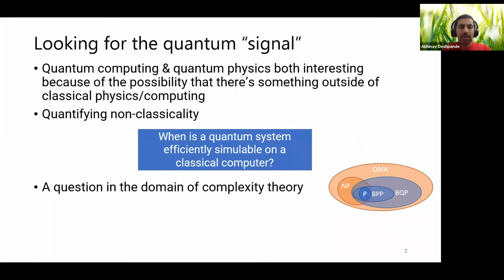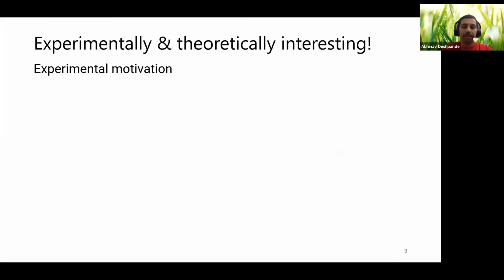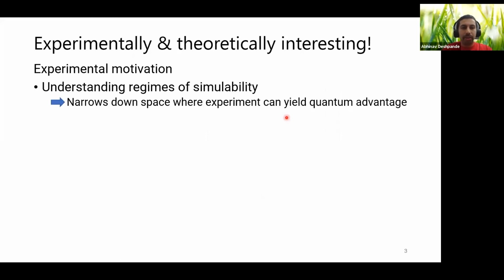I argue that this question is both experimentally and theoretically interesting. Experimentally, understanding when an experiment can be efficiently simulated and when it cannot can help you narrow down the parameter space where the experiment would yield a quantum speedup over classical computation.